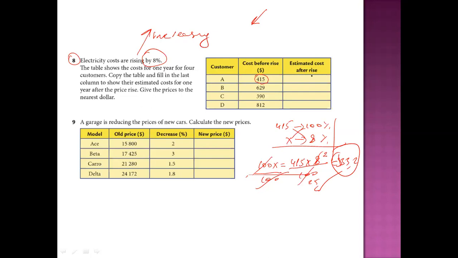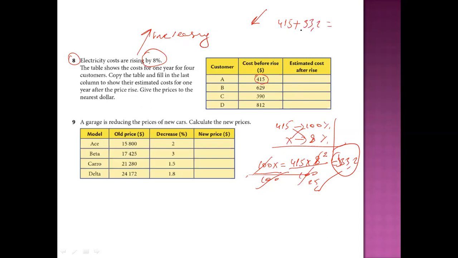And after the rise, what can you write? Of course, not only 33.2, because it's a rise, it's increasing. Okay, what was the old price? It was 415 plus, and 8% rising is, what's the 8%? 33.2.